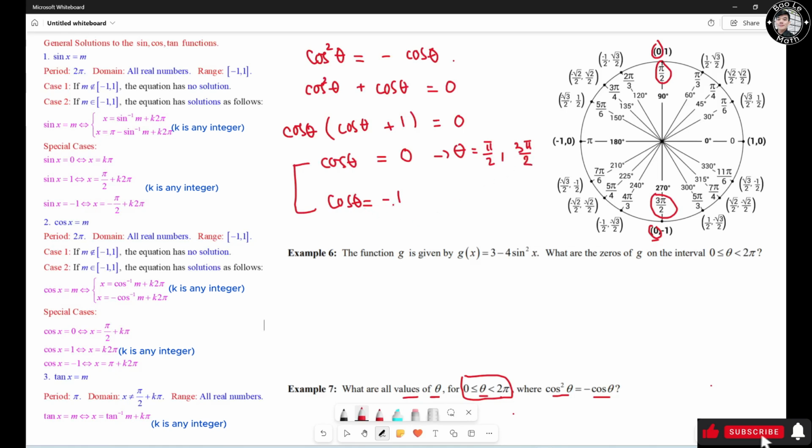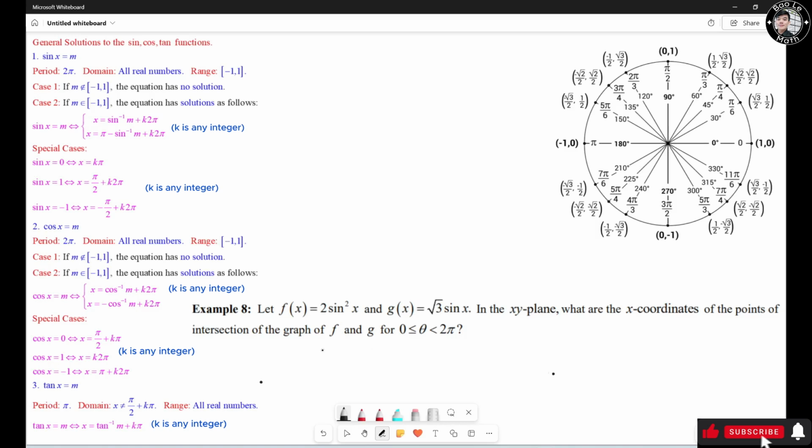Now cosine theta equals negative 1 is going to be right here, so the angle should be pi. So theta equals pi. Finally, you have three solutions: pi over 2, pi, and 3 pi over 2.